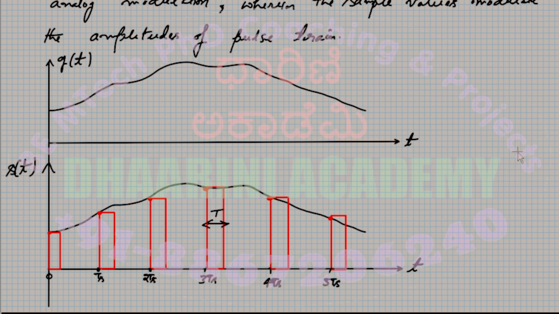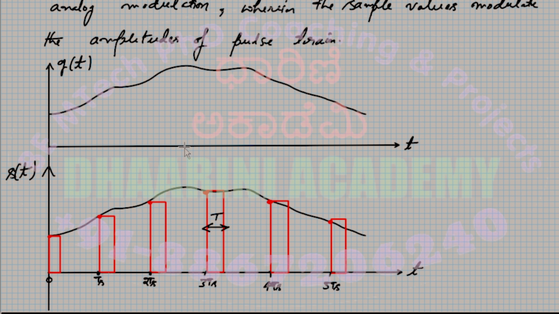So the fundamental idea is that in this scenario, I have an analog signal, I sample it, and the sampled values are used to perform the amplitude modulation of the rectangular pulses. So we have rectangular pulses of a fixed amplitude, say 1.